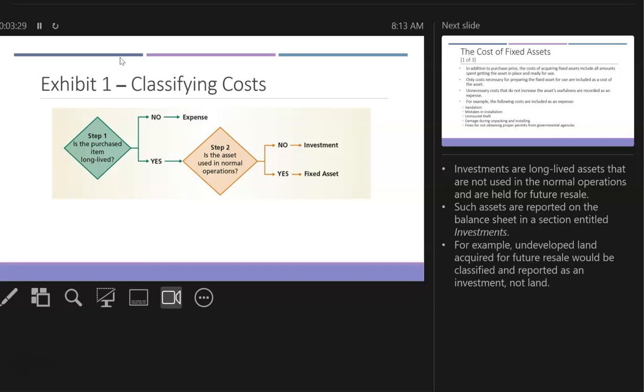If it will be utilized for greater than a year, then we say, is this asset used in normal operations? If it's used in normal operations, it would be a fixed asset. If it's not used in normal operations, if it's held in order to sell it down the road to make money, that would be an investment.